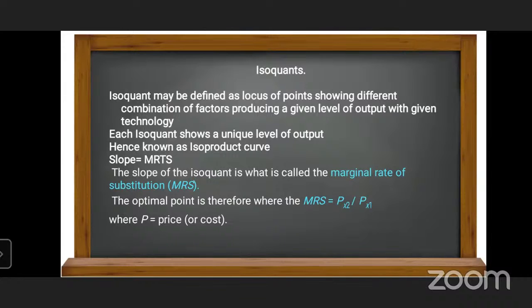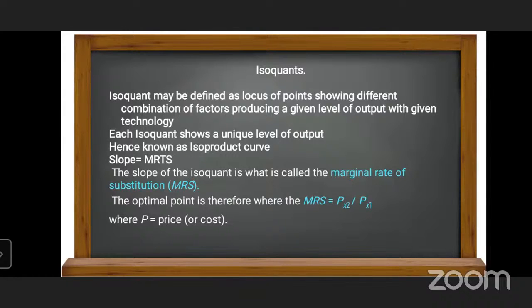Now coming to the slope of isoquant. The slope of isoquant gives us MRTS, marginal rate of technical substitution. The slope of the production possibility curve gives us MRPS. Okay. So we should remember that.